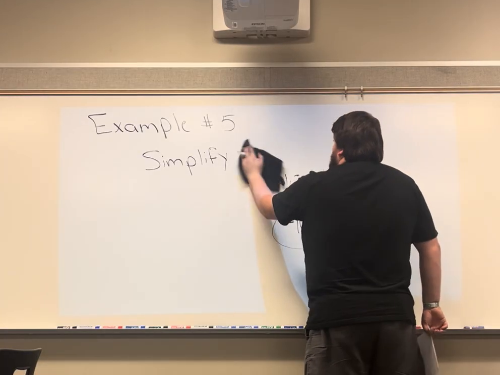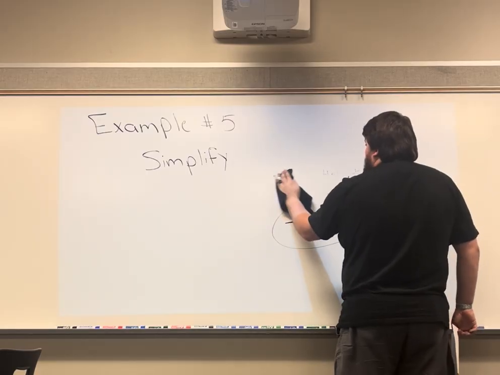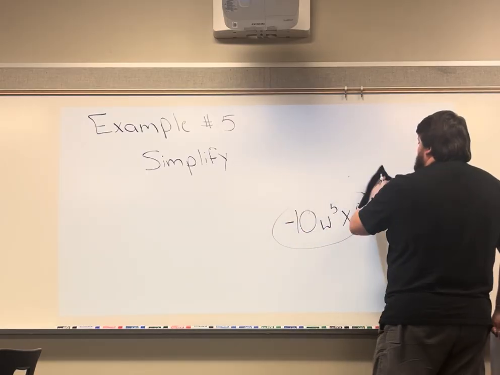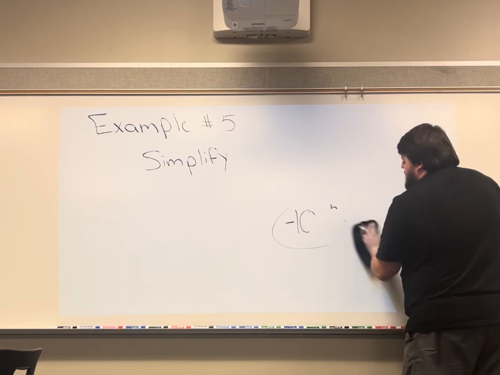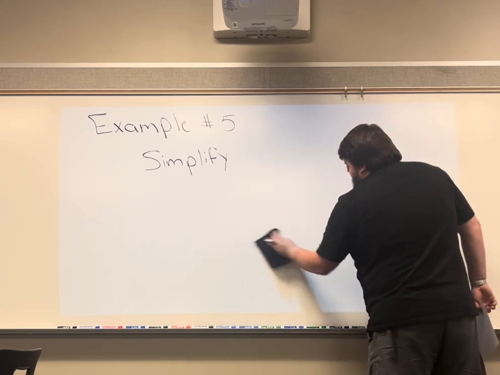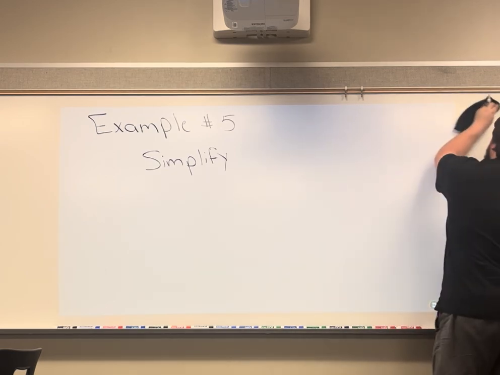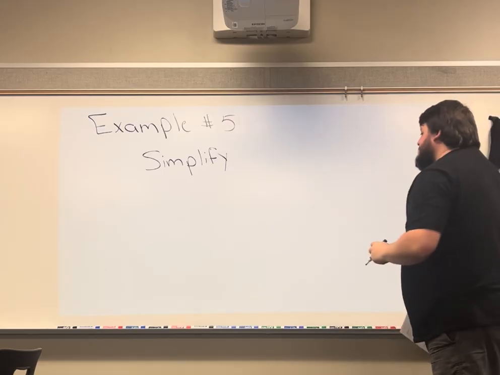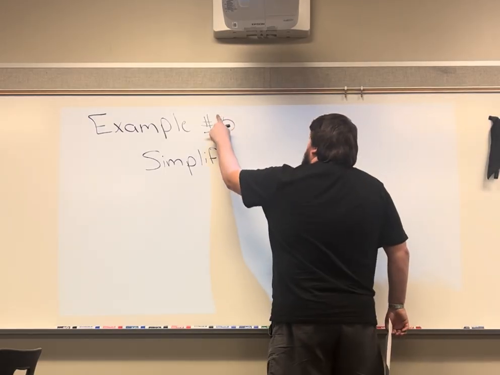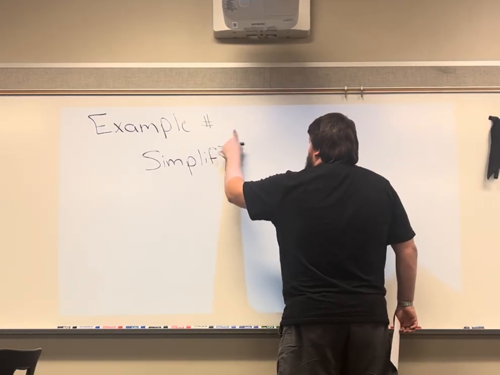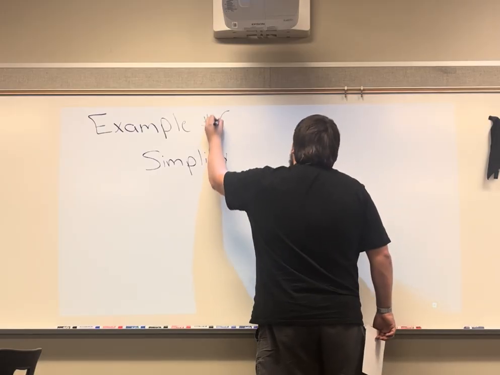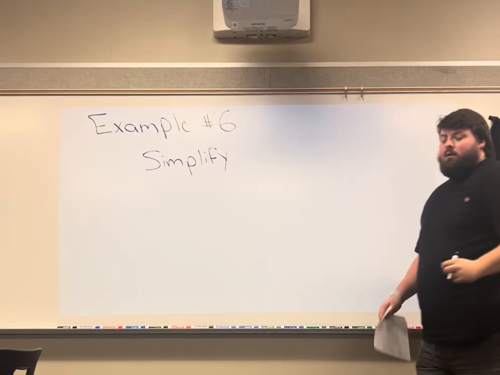Example 6, it's pretty much like example 5, except we're doing division instead of multiplication. So we do subtraction of exponents instead of adding exponents, but it's still that type of problem where we're looking at 3 different parts.